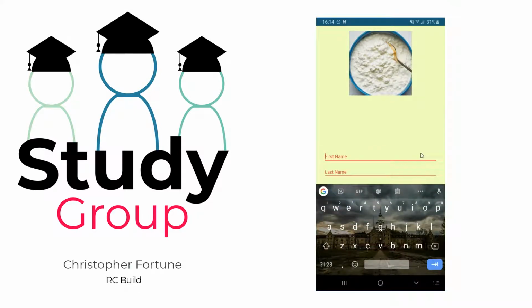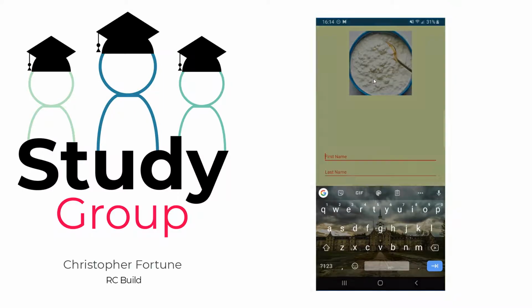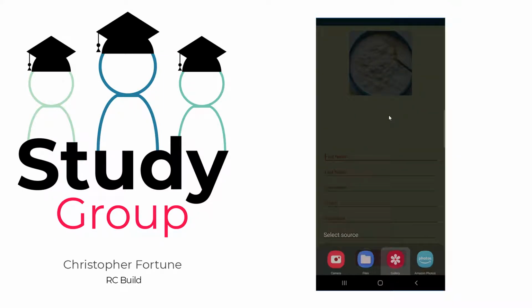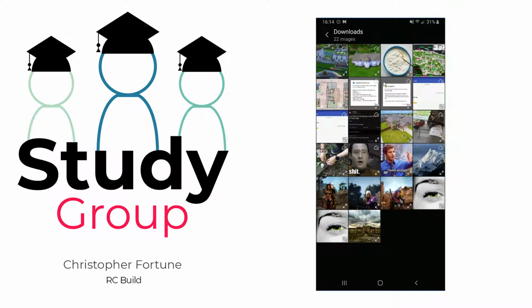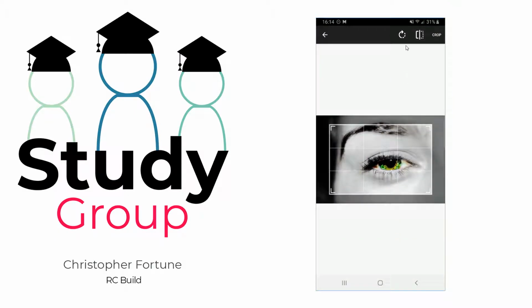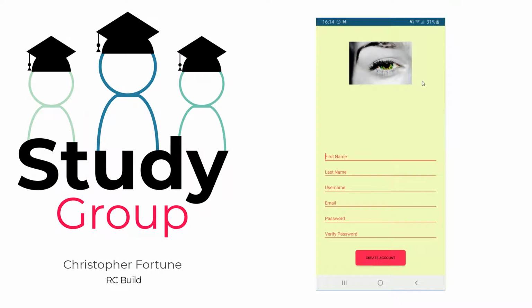If we go ahead and fill in this information real quick, let me actually change this, because I already have a profile with that picture. I would like to keep it separate just so it's not as confusing. So we'll go ahead and use this picture. We will crop that, and let's fill this out.